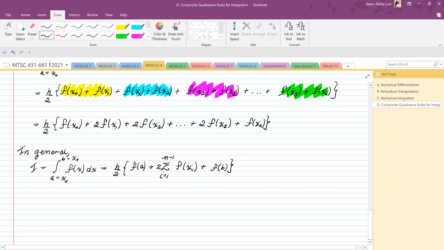Okay? And your error is minus h cubed over 12 times the sum i equals 1 to n of f double prime of c sub i, all over, oh, I took the 12 out already.